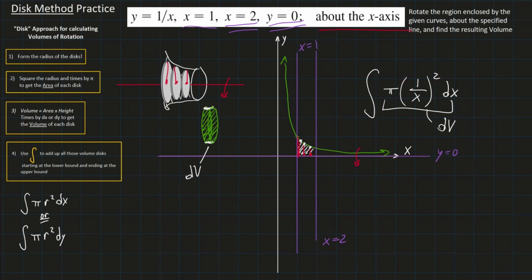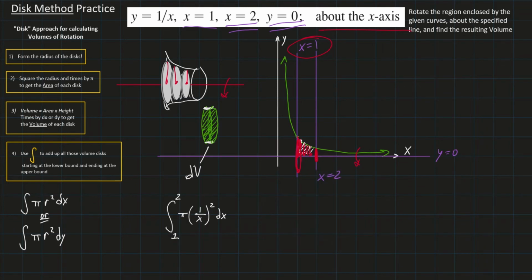Well, that's going to be right here. This is where my first disk is going to be, at x equal to 1. Now I'm going to add until this last disk right here at x equal to 2. So that will be my upper bound. And there we go. Integral is complete.